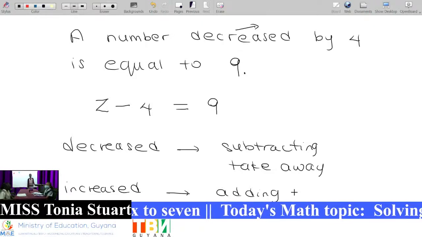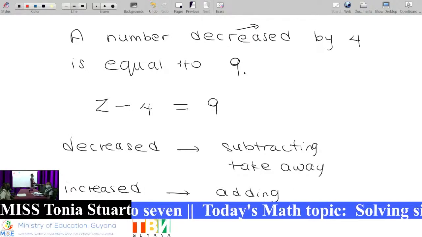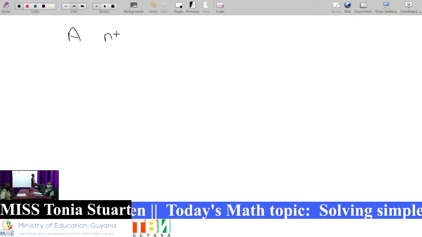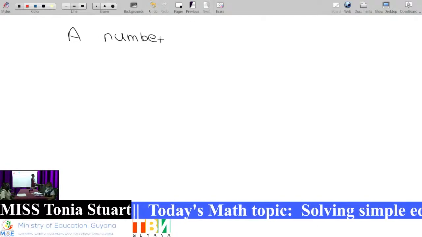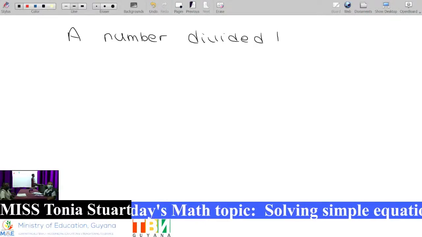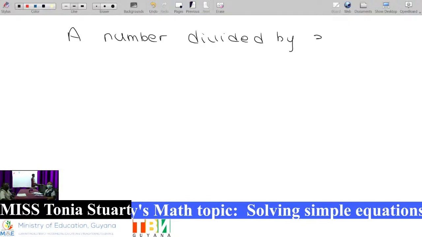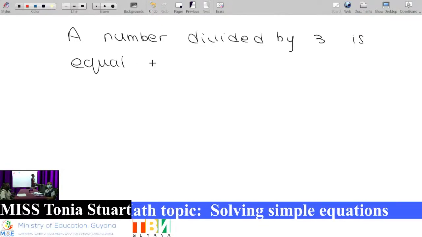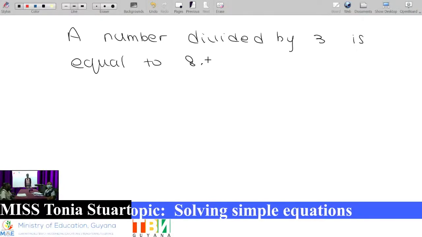Any question so far? All right, so let's use some other language here. A number divided by 3 is equal to 8. A number divided by 3 is equal to 8.